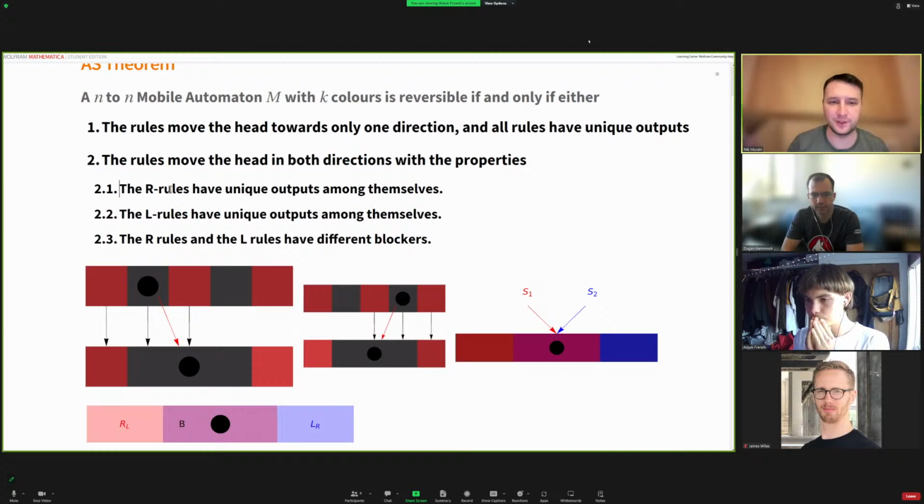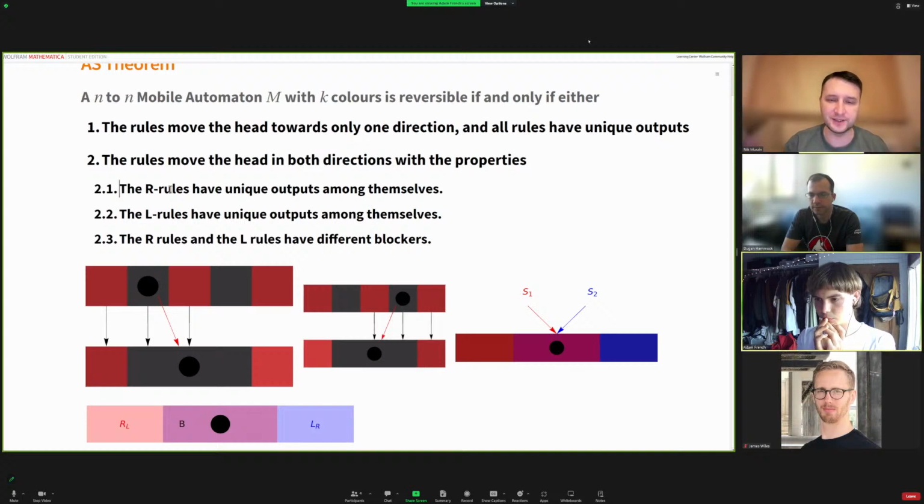So what exactly was the motivation to distinguish those two types of integers, for the direction and for the color, in the enumeration? Because naively I would say that reversible rules are those that have just unique outputs, without separating right rules and left rules. But if you separate them, you have an ability to say something extra about it. So what's the actual intuition? To specify reversibility, it's not enough to just say that the rules have to have unique outputs.